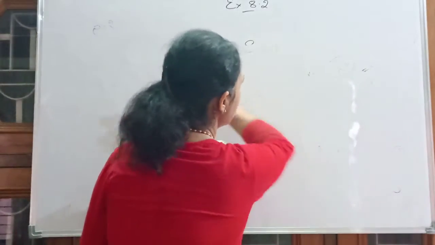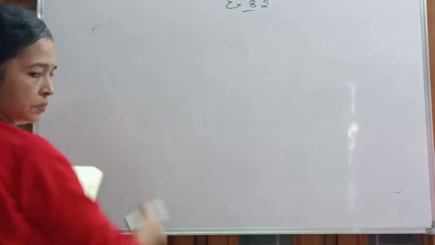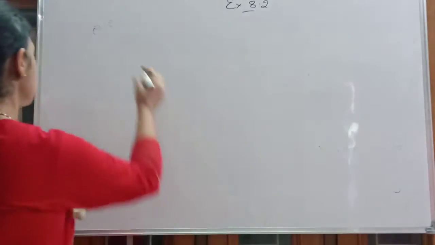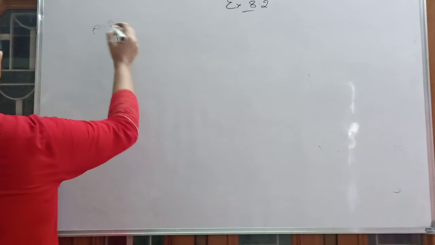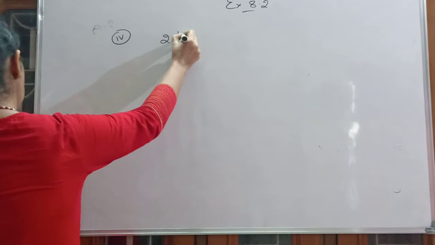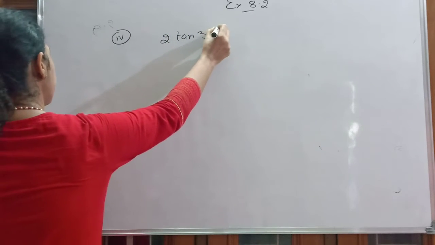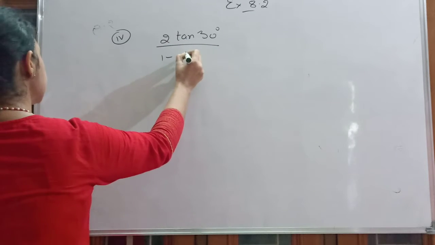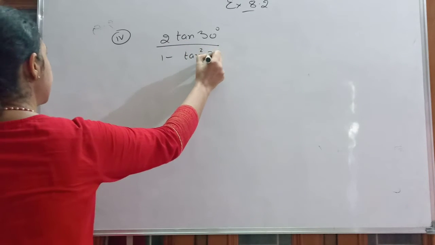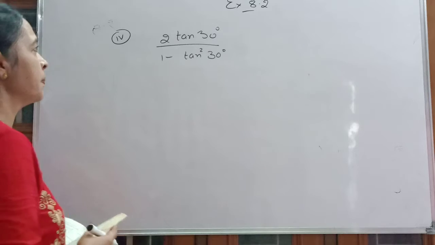Question number 2, part 4. Find the value of 2 tan 30 degree upon 1 minus tan square 30 degrees. 4 options are given.